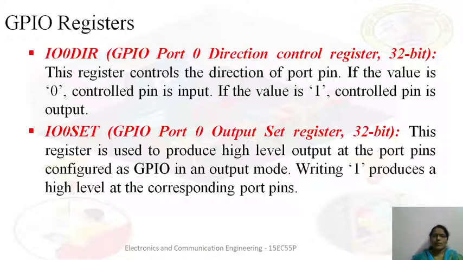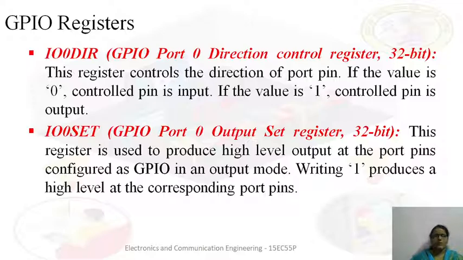LPC2148 has two ports, port 0 and port 1, each 32 bits in size. These general purpose input output pins, which we call GPIO pins, can be controlled using these registers. That's why these registers are called GPIO registers.